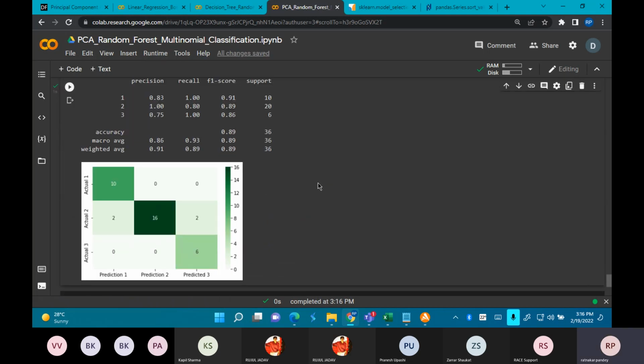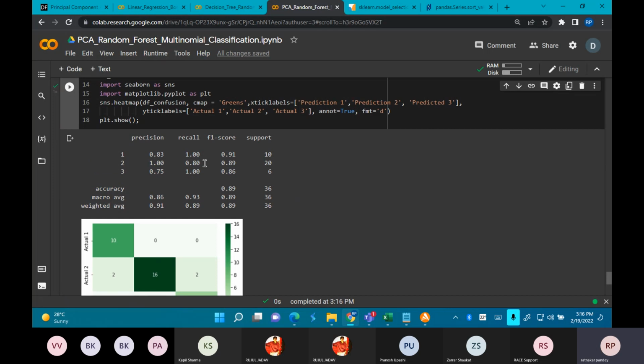But you can see even with fewer variables, the model performance is not looking that bad. Of course, it has dipped a little bit, but not by much.